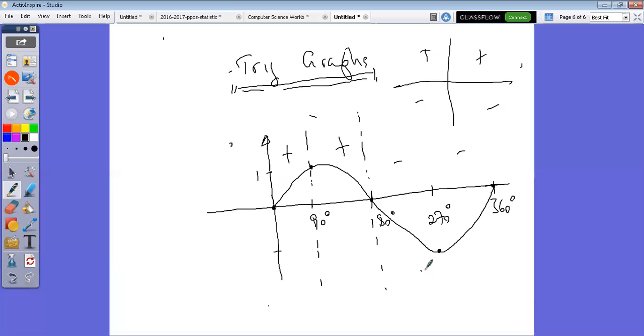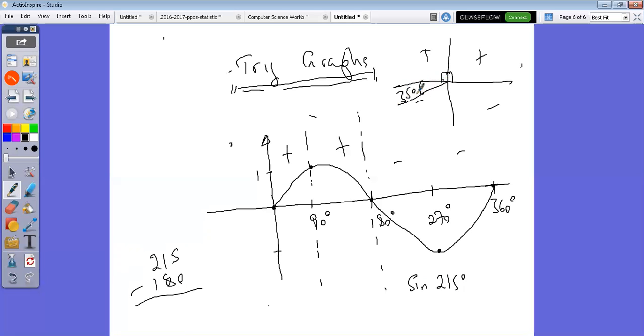Now, if I have sine like this, I want you to pay attention. Sine 215 degrees. So this is 90 degrees, this is 180. So what is 215 minus 180? What are we left with? 35.